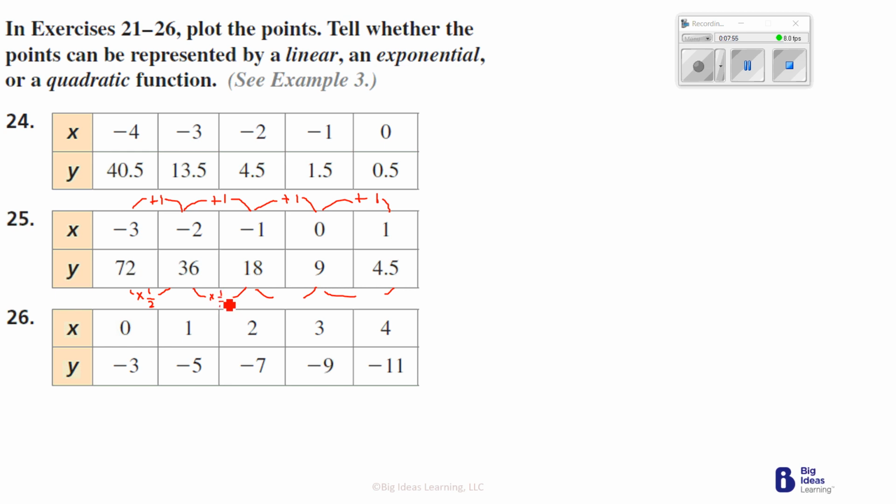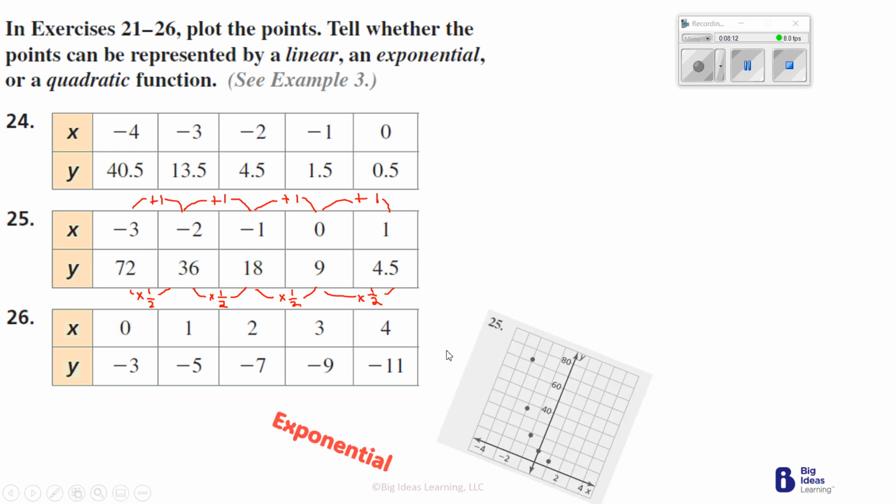And we said that if you multiply by the same thing every time, it's exponential growth. And that works even if it's a fraction. The fraction is just a rational number, right? We're still dealing with numbers. So this is going to be exponential growth, number 25, exponential.